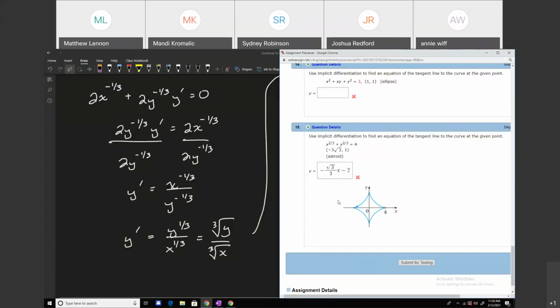Now you could have a negative if you were down here, but we're at a positive y coordinate. So why is that happening? Our slope should clearly be positive here from the graph. So what mistake are we making?